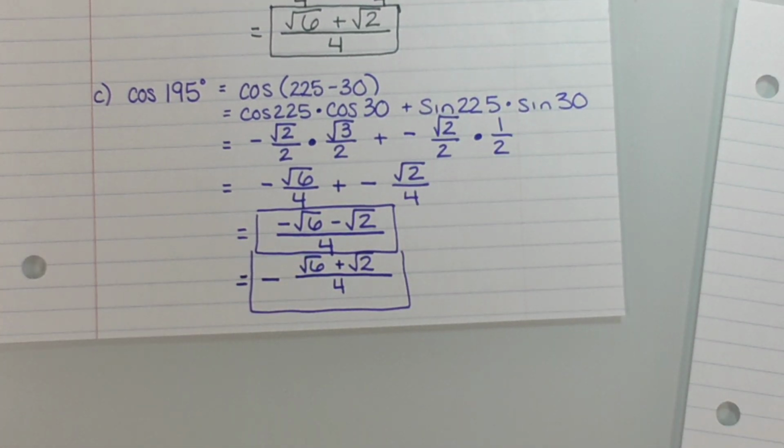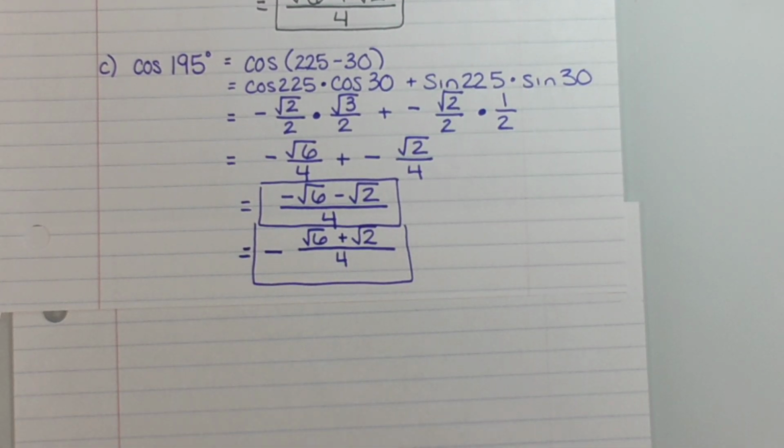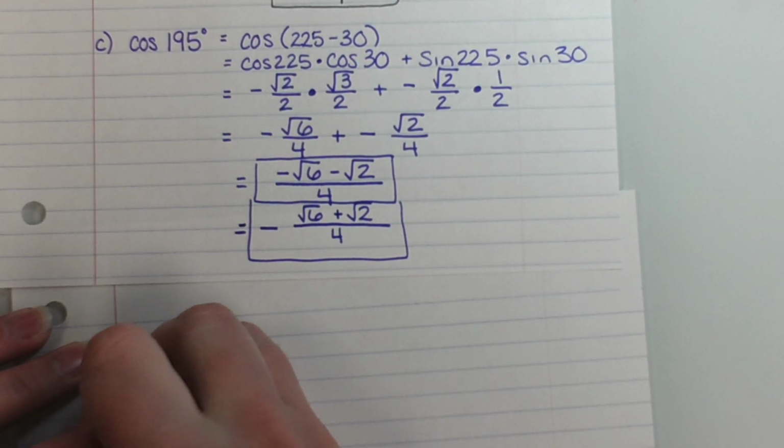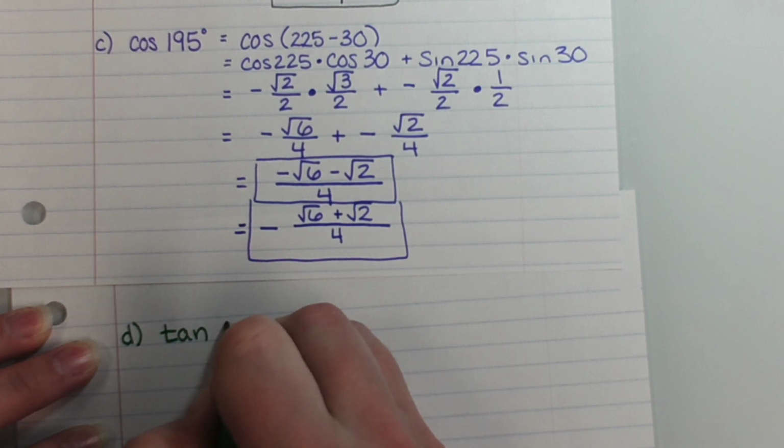Okay, so working with these sum and difference identities, nothing too scary about it until you get to tangent. Now, what makes tangent a little scarier is the identity itself.